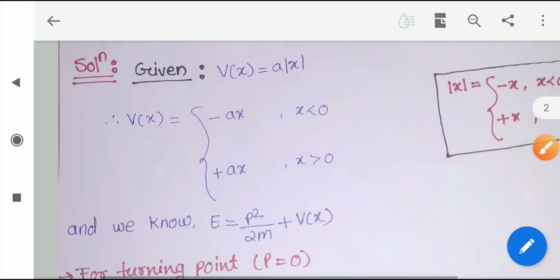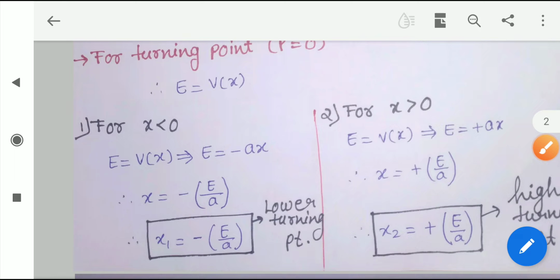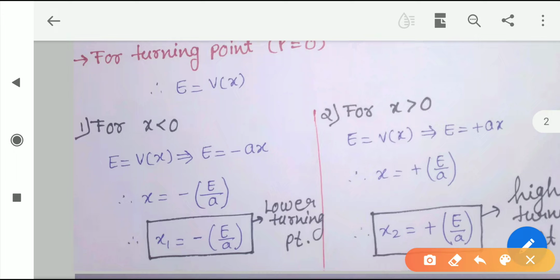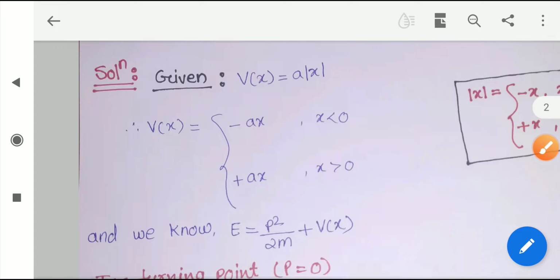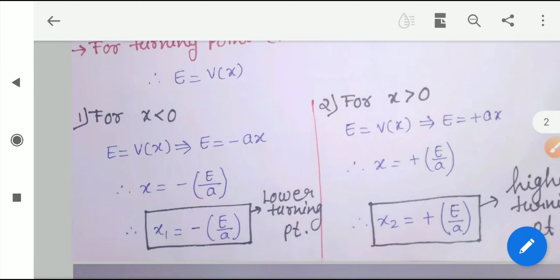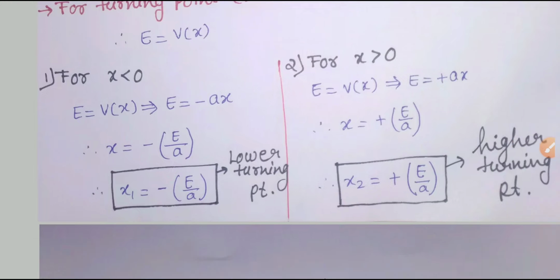So let's first solve for X less than 0. Here V of X is minus AX, so instead of V of X we will write minus AX.